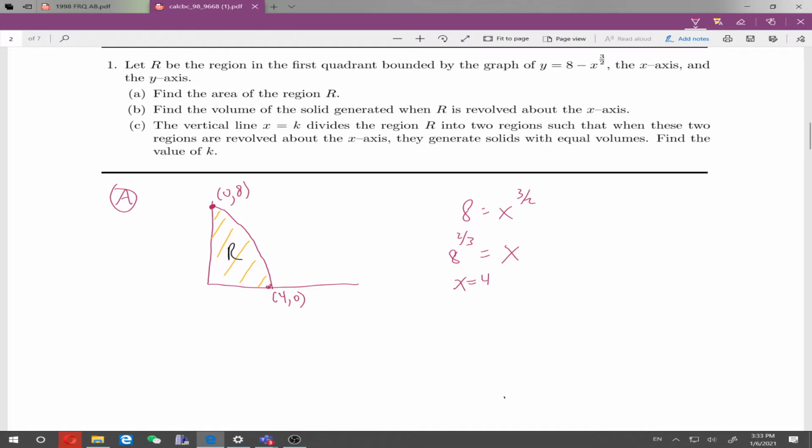So I want to find the area of region R. We are bounded by the x-axis, the y-axis, and our graph of y equals 8 minus x to the 3 halves power. A is equal to the integral of 0 to 4 of 8 minus x to the power of 3 over 2 dx.